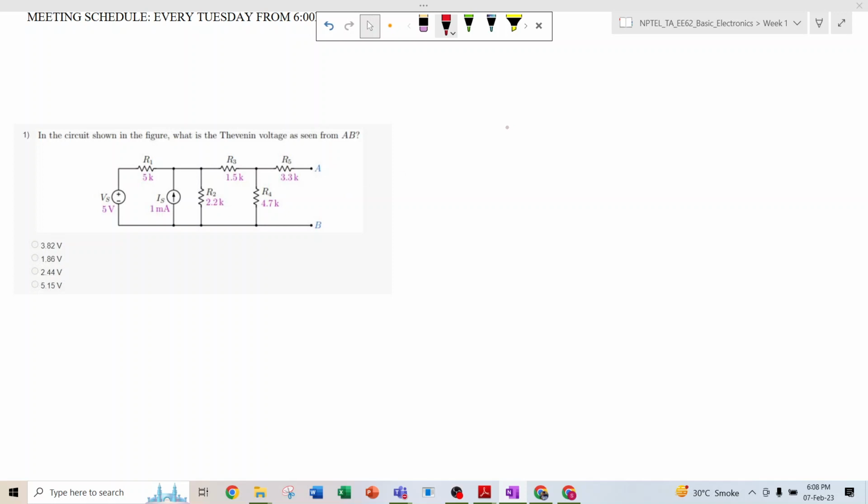This Thevenin voltage is nothing but you simplify the circuit to its simplest form, which is nothing but the voltage source and equivalent resistance. This is known as the Thevenin voltage, and this, RTH, is known as the Thevenin resistance. So basically, what we need to do, just one second.